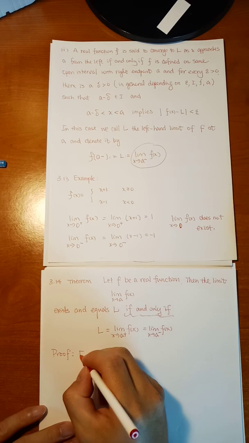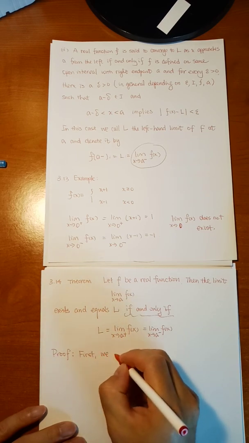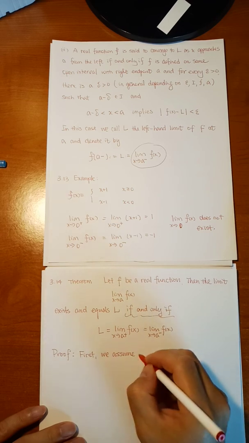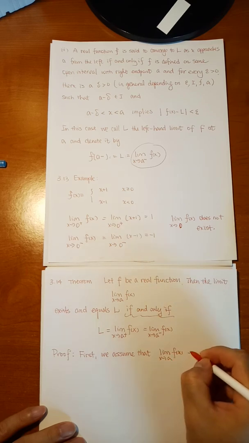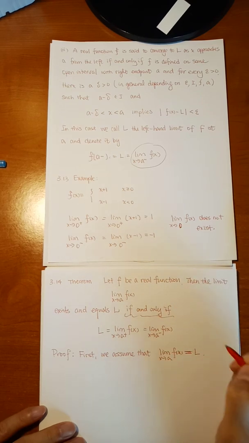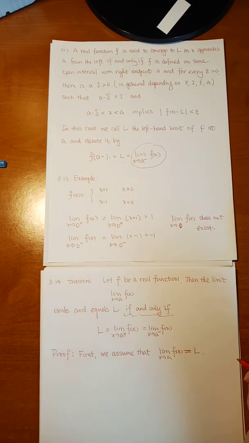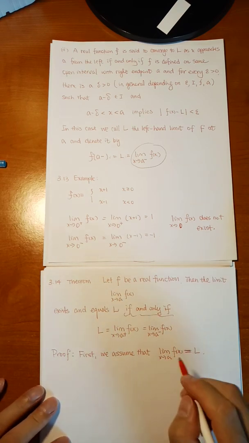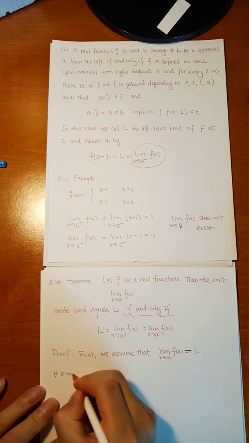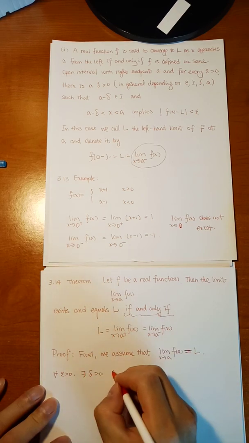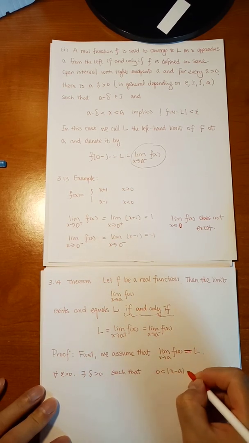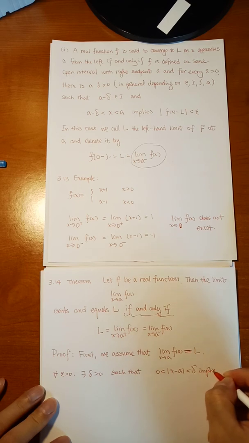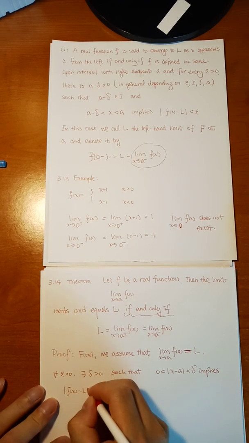First, we assume that the limit of f(x) as x approaches a is equal to L, and we're going to show the right-hand limit and left-hand limit are both L. This means for every epsilon greater than 0, there exists a delta greater than 0 such that absolute value of x minus a less than delta implies absolute value of f(x) minus L less than epsilon.